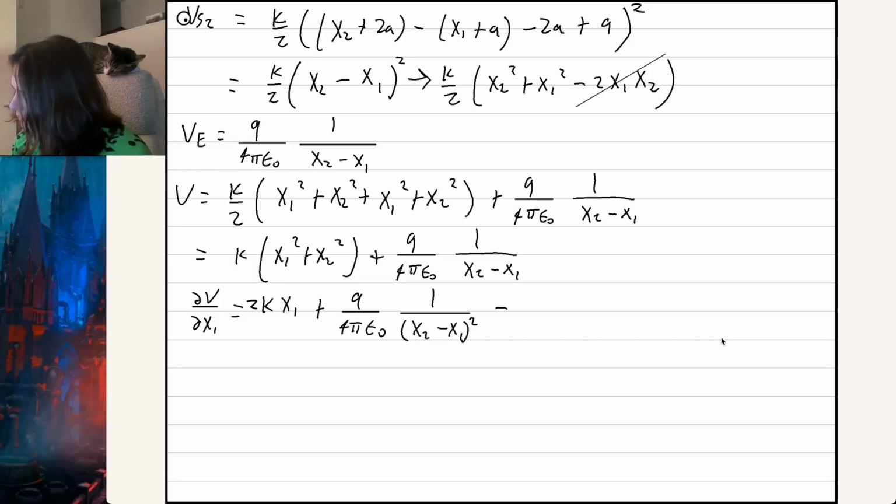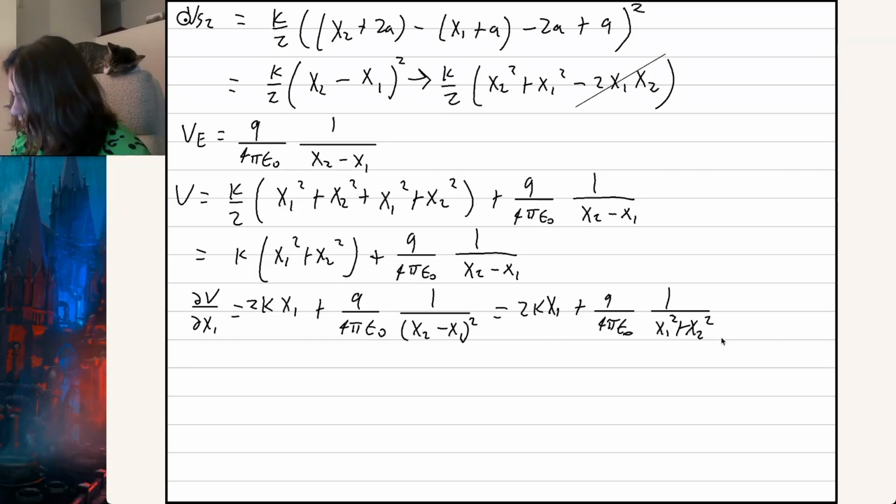We've already determined that (x2 minus x1) squared, whenever you expand it, has a term that goes away. So I'm going to go ahead and do that: x1 squared plus x2 squared.